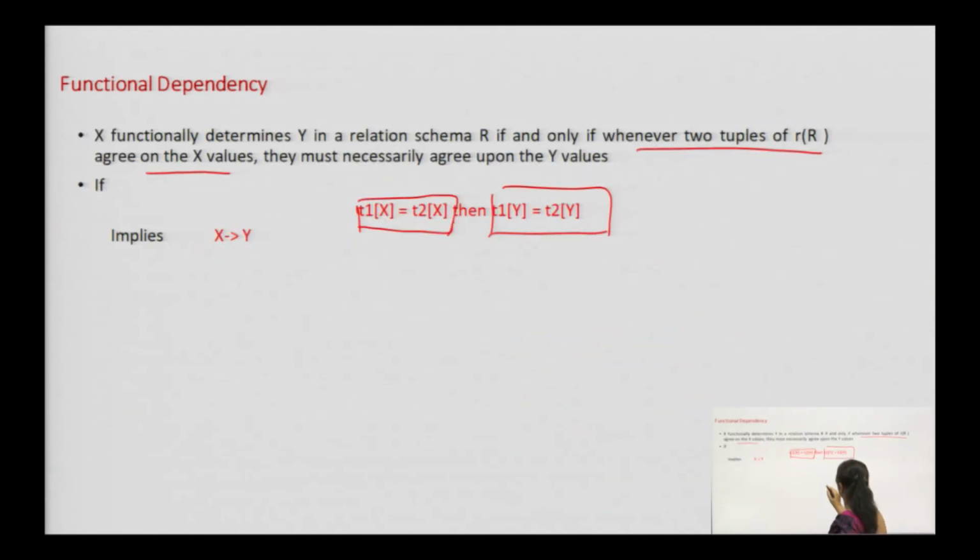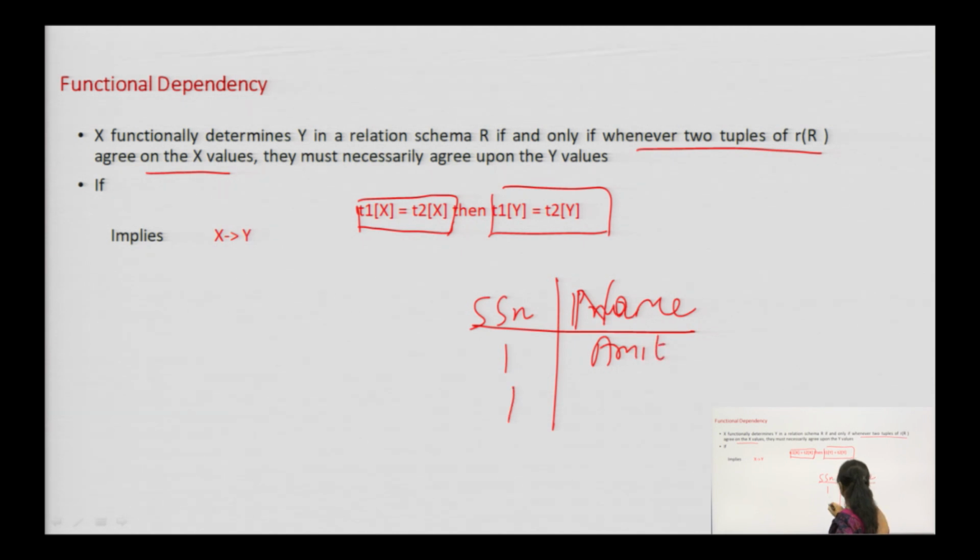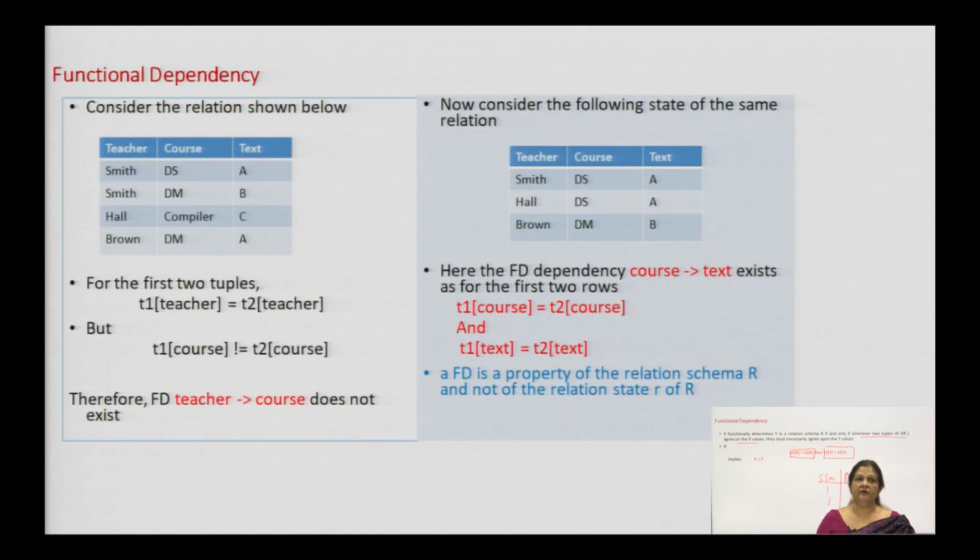For example, if I take name over here, that means every time SSN is 1, the name is going to be Amit. This is the formal definition of functional dependency.